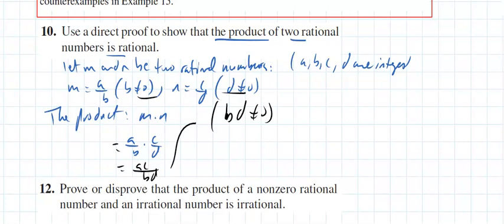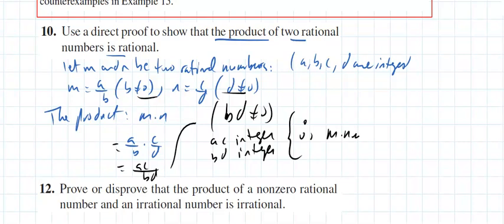And ac is an integer, and bd is an integer. And we know that the quotient of two integers is rational. Therefore, this is a form of a rational number by definition.